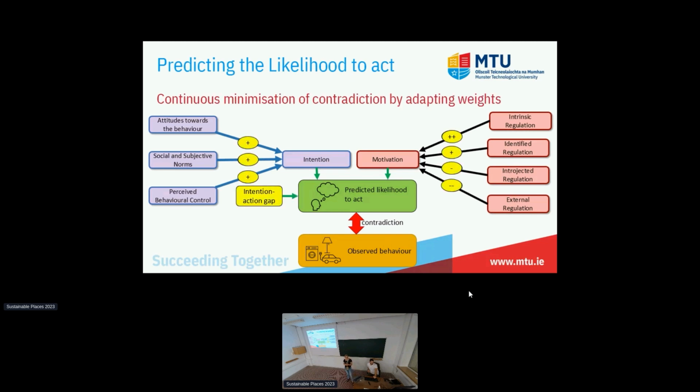So this systematic difference between actual behavior and intentions is a well-known quantity called the intention-action gap. And the digital twin can compare its predictions with the observed actual behavior and can be used to quantify this variable. It can also continuously update the model weights to better represent the specific circumstances of the reference group.